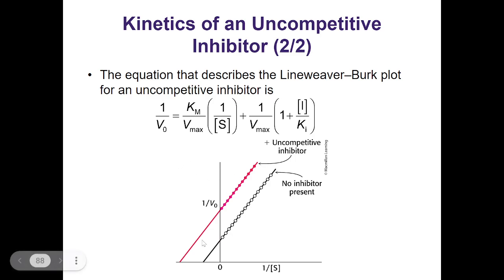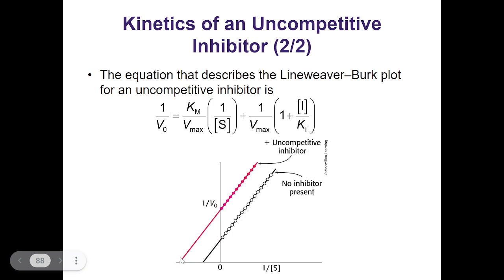Okay, now one last question. How do I tell which direction my Km goes? Does it get bigger or smaller? So what I look at is this value right here. That's negative 1 over Km, right?